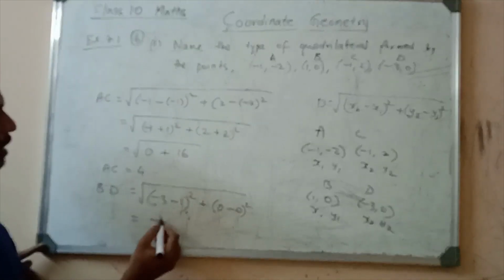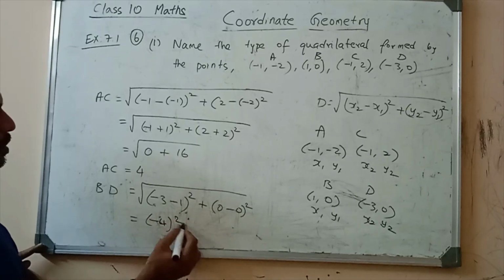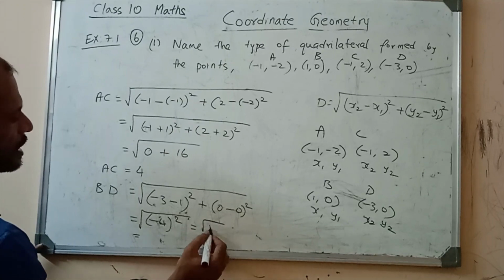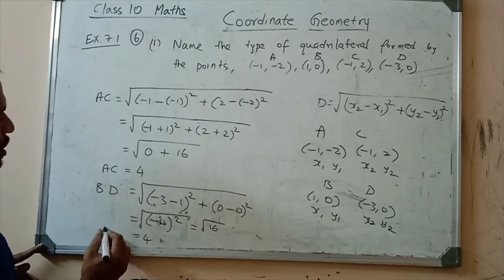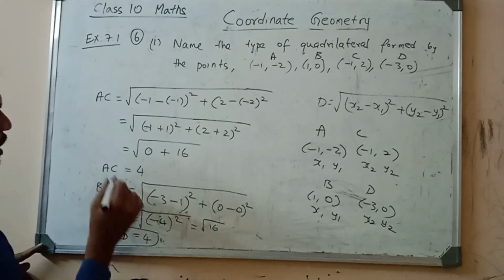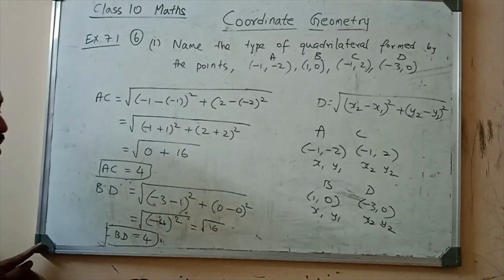Now it becomes minus 4 square. So minus 4 square is 16, root 16 is 4. So we get BD, or DB, also equal to 4. So AC also we got 4.